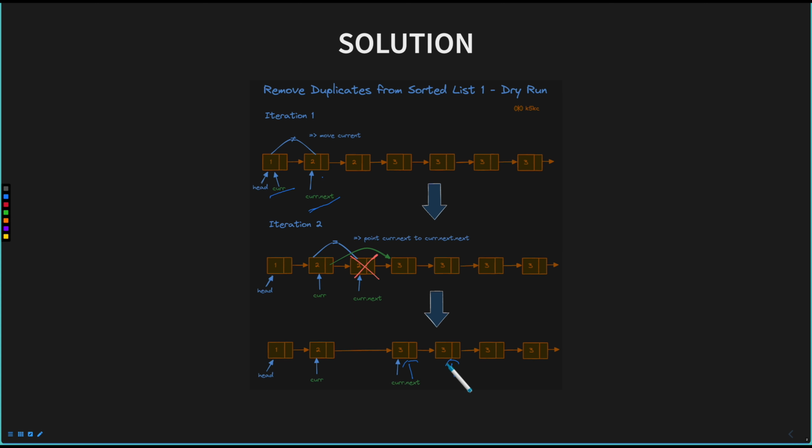Again all the values are the same, so we keep moving current dot next, and eventually we reach null. Now our linked list is clean, and we can return the head pointer because we just modified the linked list in place. That should be the solution. Now let's jump into the code part.